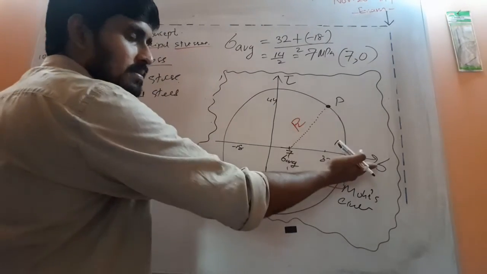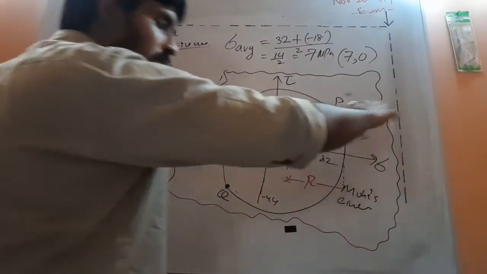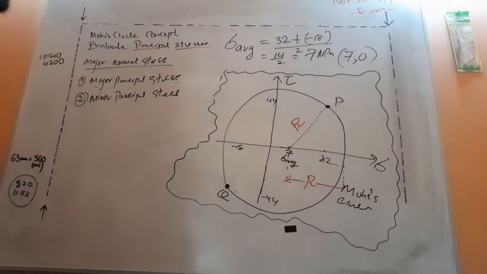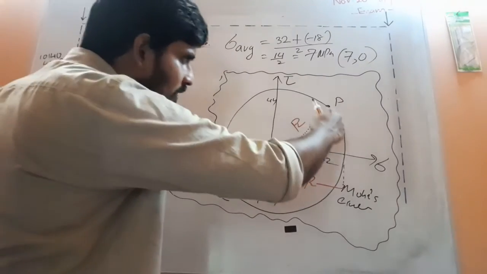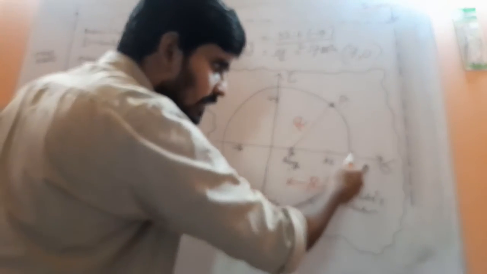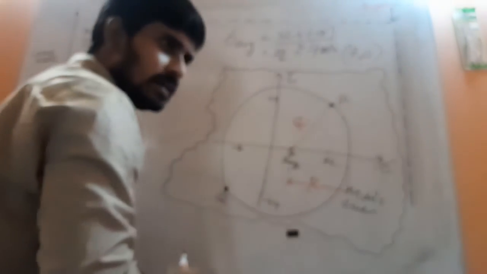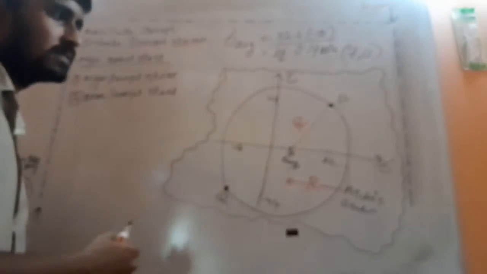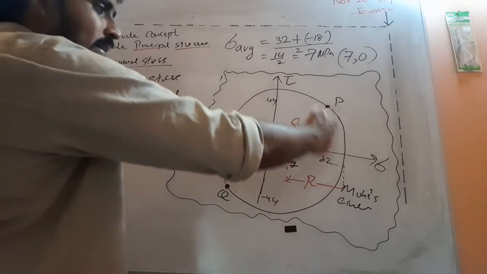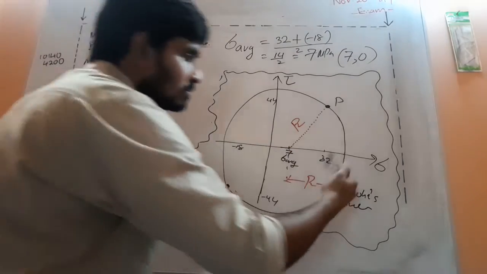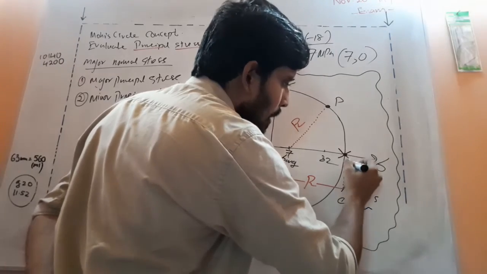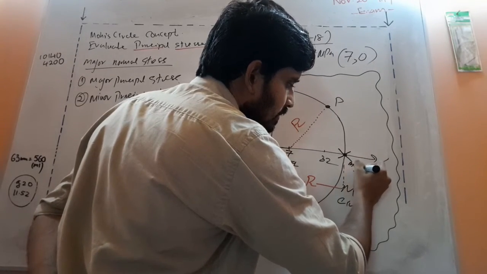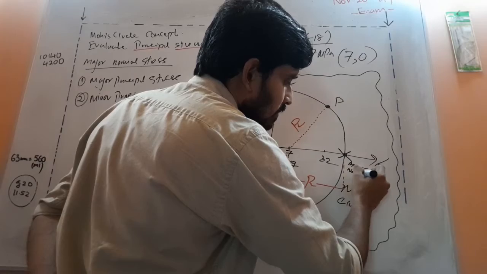So the position where this circle intersects the x-axis is the point where you get the maximum normal stress. This circle intersects the x-axis at here. So this point is the major normal stress.